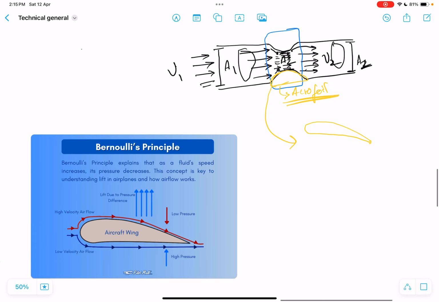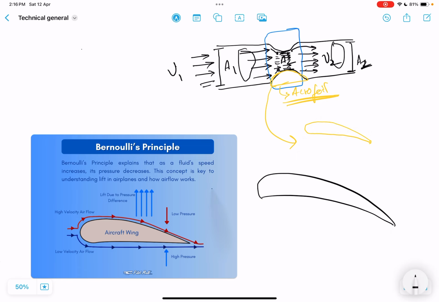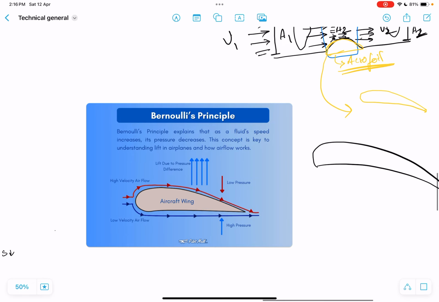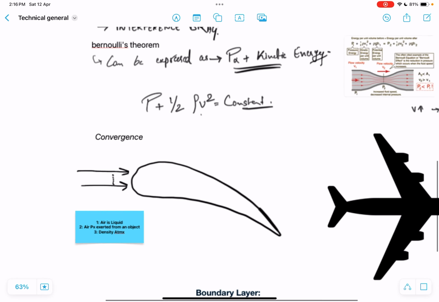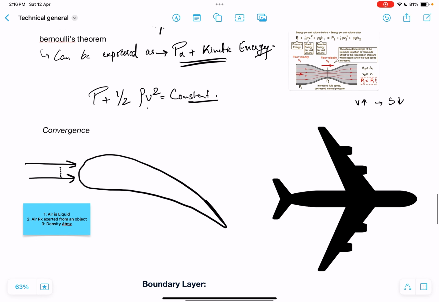Now what Bernoulli's principle states is that whatever airflow is coming along is going to accelerate. I think I have made this drawing, convergence. There are two molecules, one here, one here. One gets diverted upwards and one gets diverted downwards.